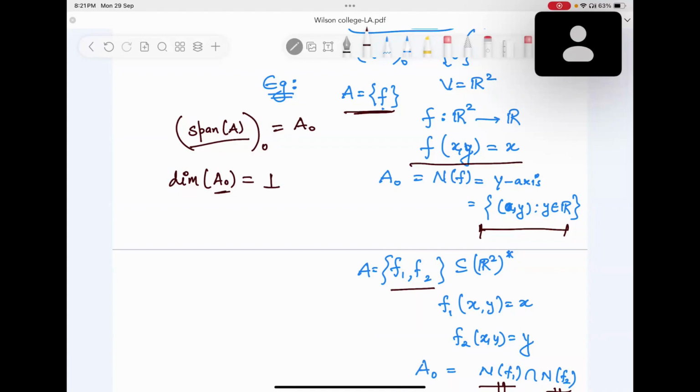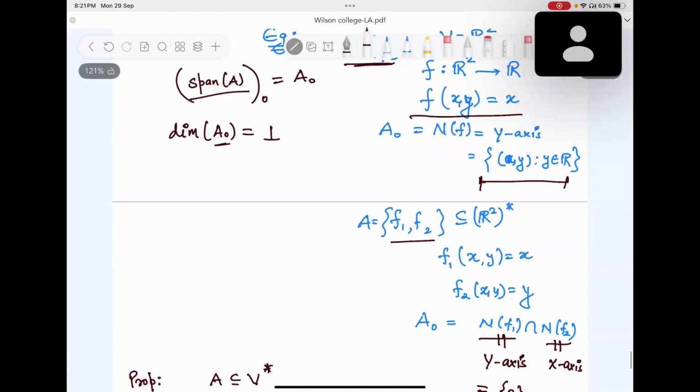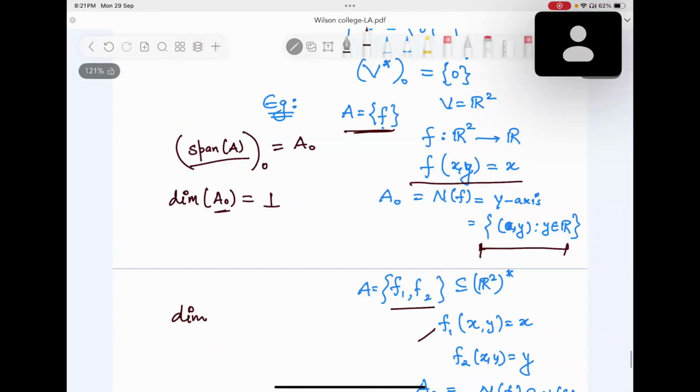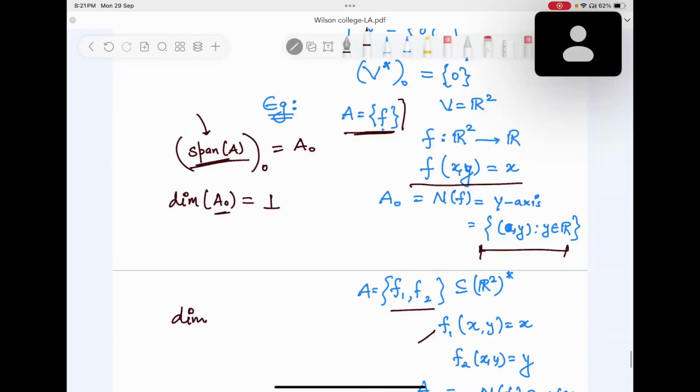Okay, now similarly, in this case, what is the dimension of this space? This is only one dimensional because it is the span of F. The dimension of this space is 1. A annihilator is also 1.